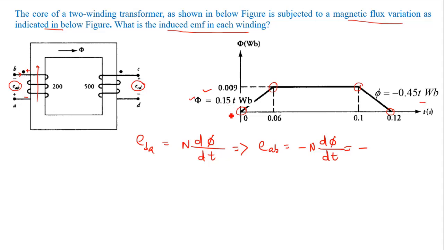If I take the derivative of this, it will be 0.15, and N is 200. So I can write 0.15 into 200, right? So it is around 30, so it is around 300, sorry, 300 volt. Okay.